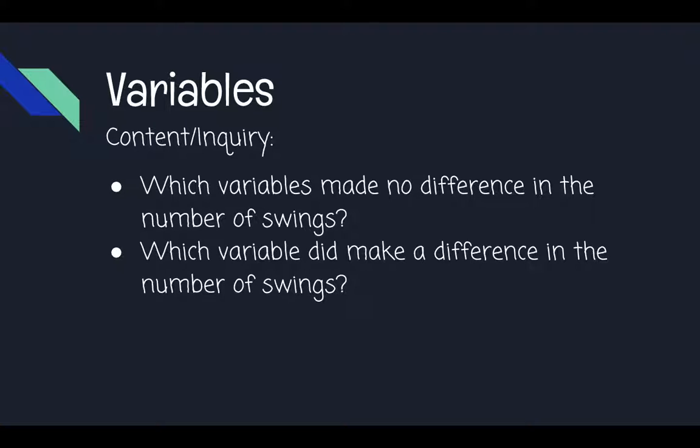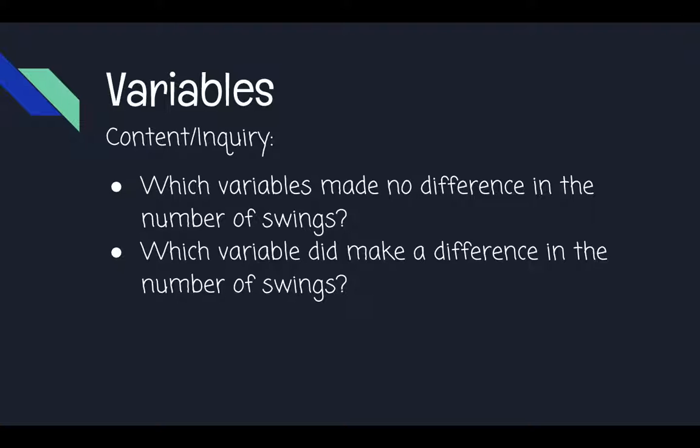Okay, there will be 3 questions to add in today. Which variables made no difference in the number of swings? Well, we talked about that changing the mass did not make a difference, and the swinger drop zone did not make a difference. So today we'll be testing the length to see if that does. The second question was, which variable did make a difference in the number of swings? So we'll see if length makes a difference.